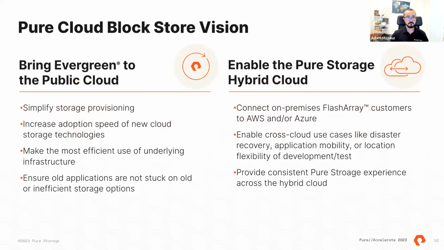To summarize, Cloud Block Store here is to make public cloud storage better. It's not only about how we can make the cloud more efficient, but also how you can get the best out of the cloud block native services.